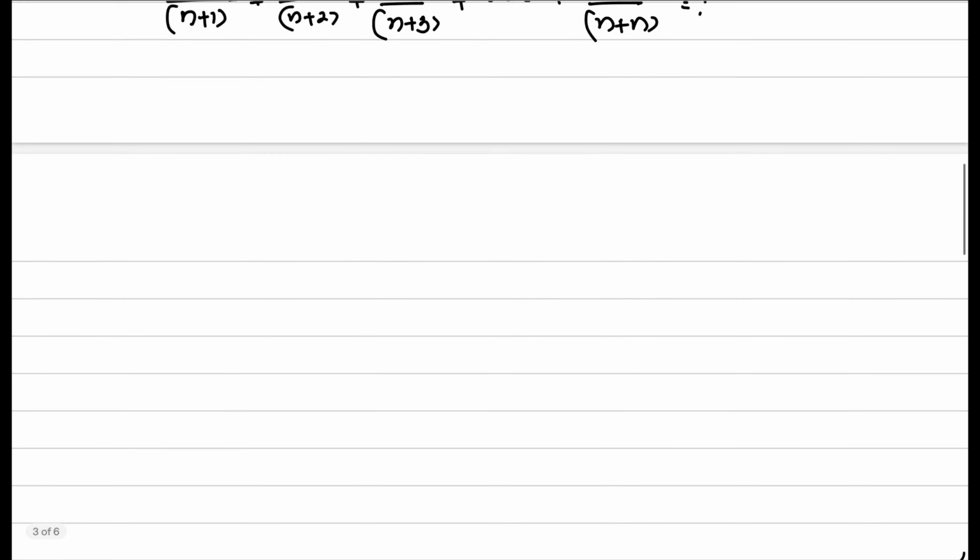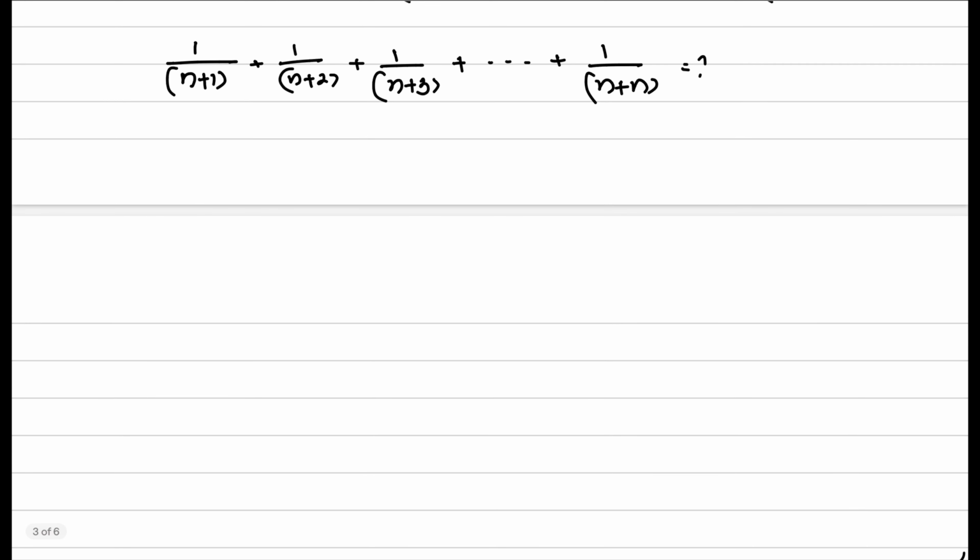This is a standard series whose value will be, it is nothing but 1 by n plus 1, 1 by n plus 2, 1 by n plus 3 up to 1 by n plus n.